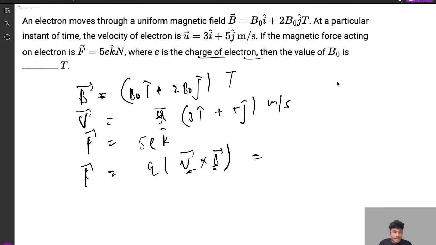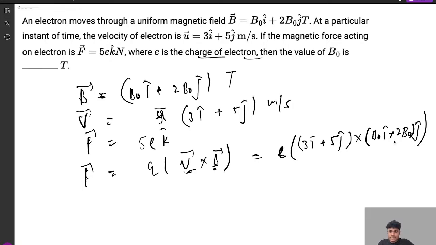So V cross B. Now the charge on the electron is e, into V, that is 3 I cap plus 5 J cap, cross B naught I cap plus 2 B naught J cap. Understand? Let me write it properly.